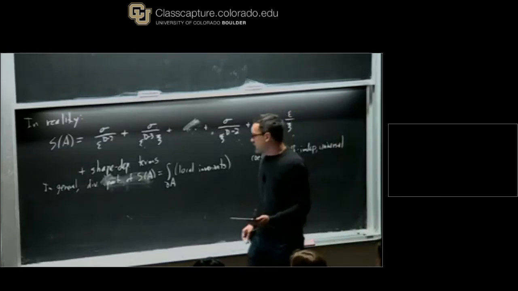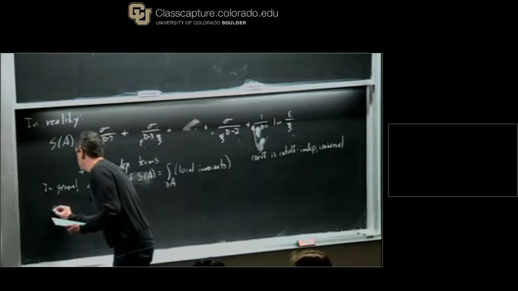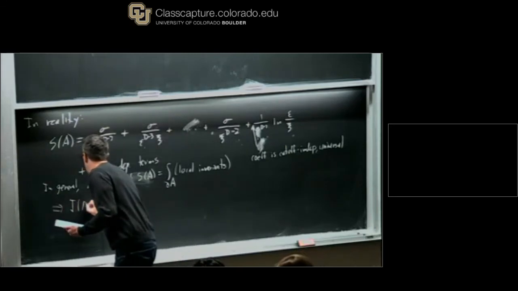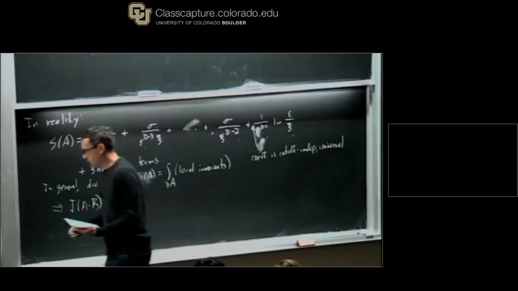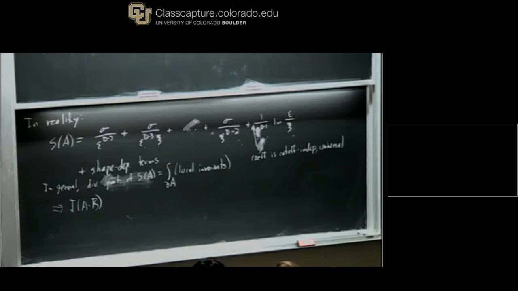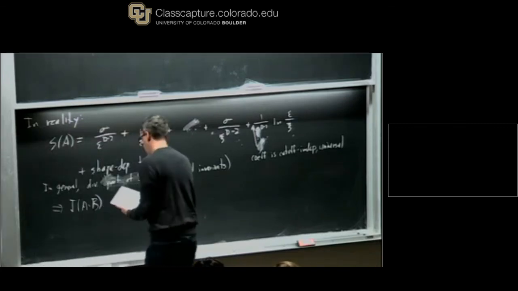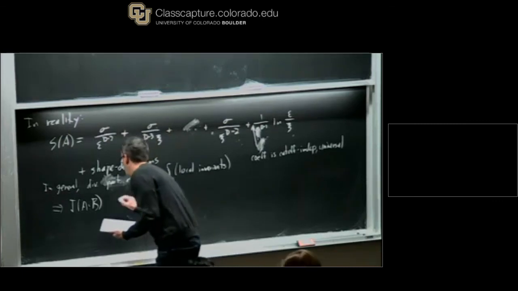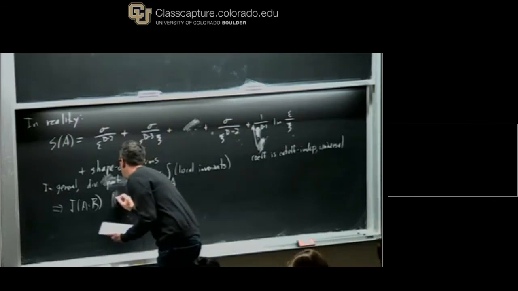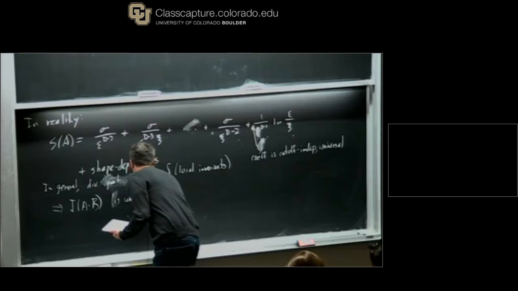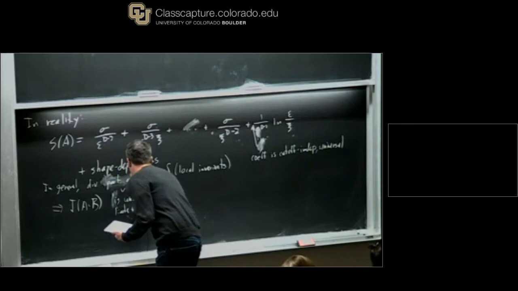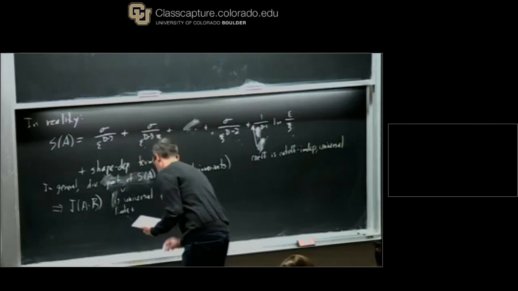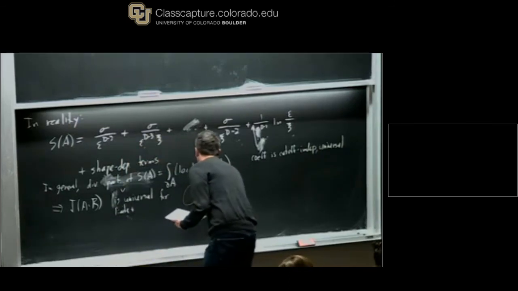And that means that you can do things like compute this, where A and B are separated, so they don't share a common boundary, and it is finite and universal for separated regions.